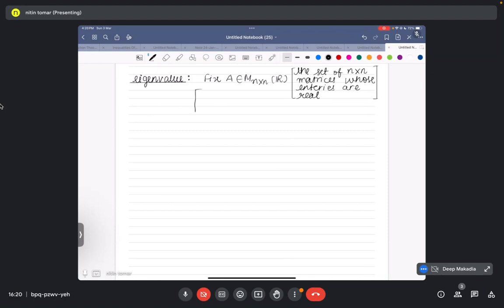For example, if I say this matrix, 2 1 3, 1 4 5 6 7 8, it is a square matrix, so this is in M3(R).